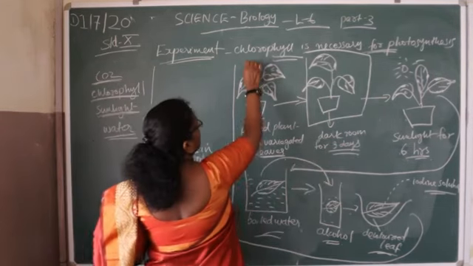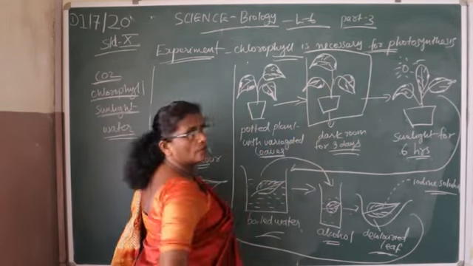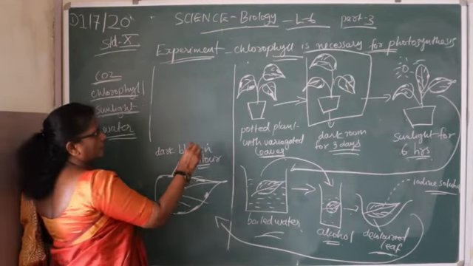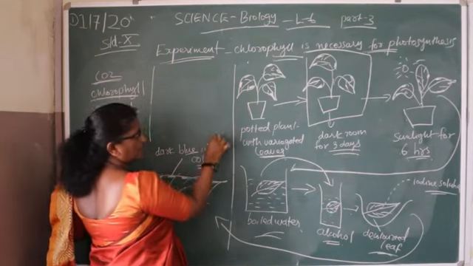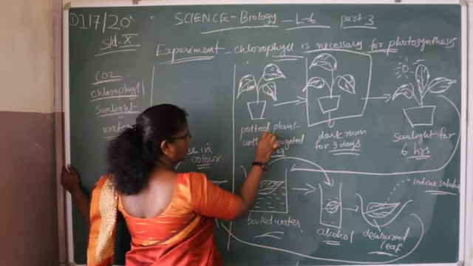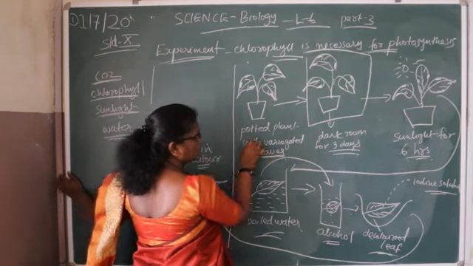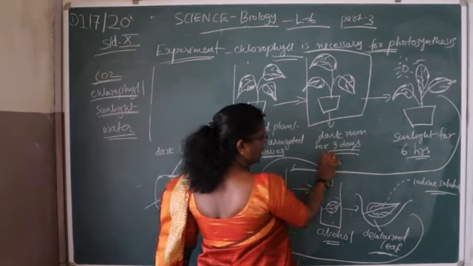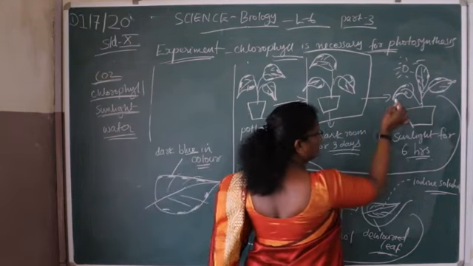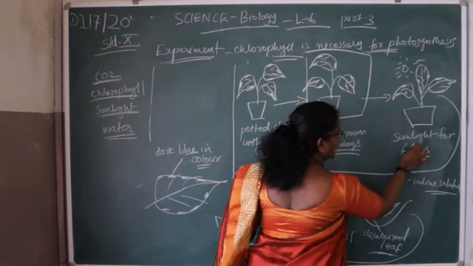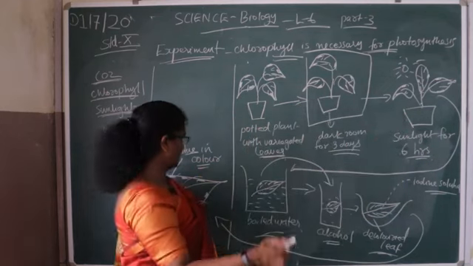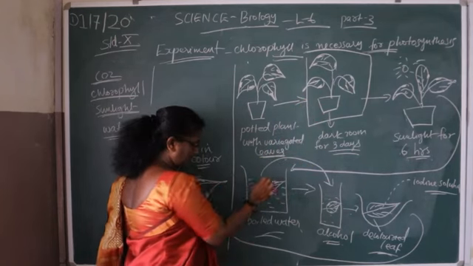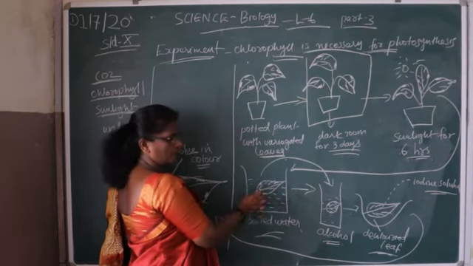Chlorophyll is necessary for photosynthesis. Again, for this experiment, take a potted plant with variegated leaves. Next, keep it in the dark for 3 days. Then bring it into sunlight for 6 hours. Pluck a leaf and put it in boiled water for a few minutes.